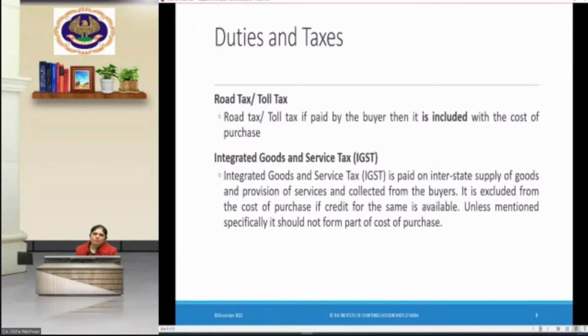It is collected from the buyer by the seller, and the seller deposits the GST to the government. Clear? So it is excluded from the cost of purchase if credit for the same is available.